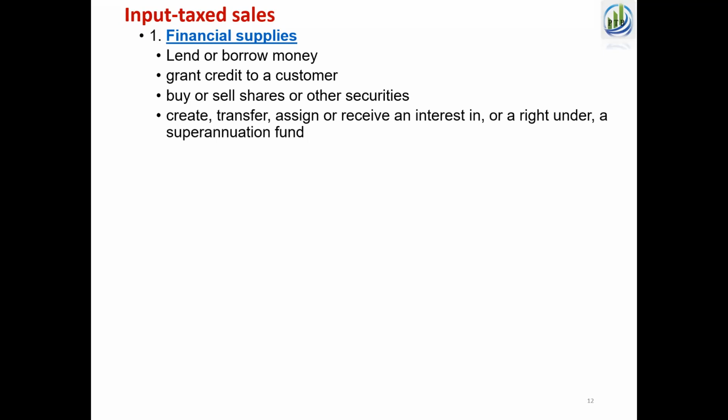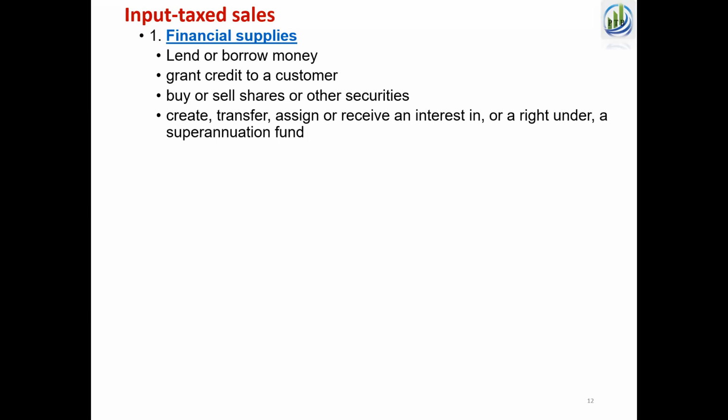These types of transactions or businesses have their product GST free. They cannot charge the GST. Your bank fees, no GST because input tax applies. Your bank interest for the business, GST free because input tax applies.